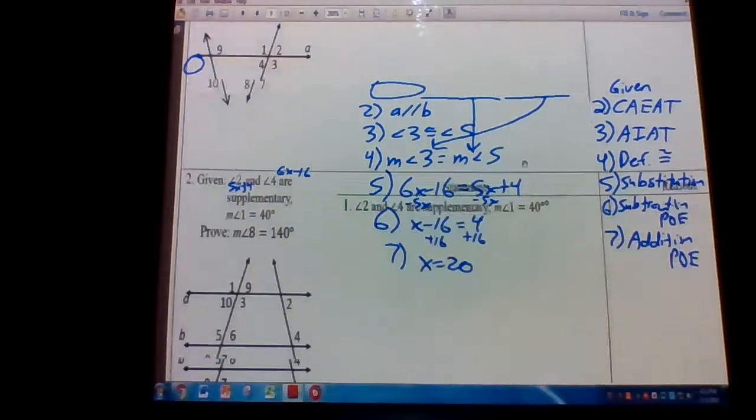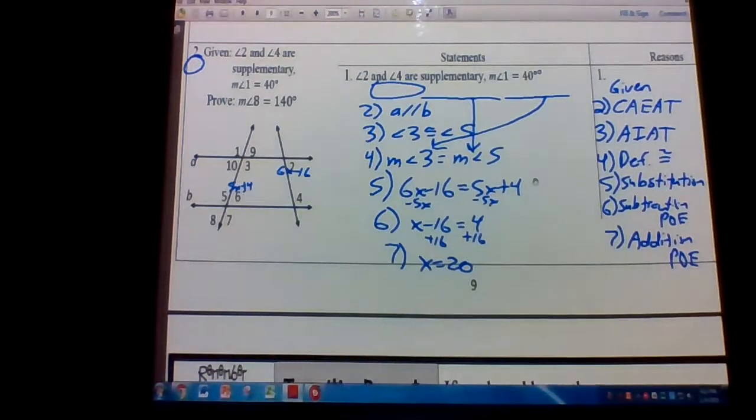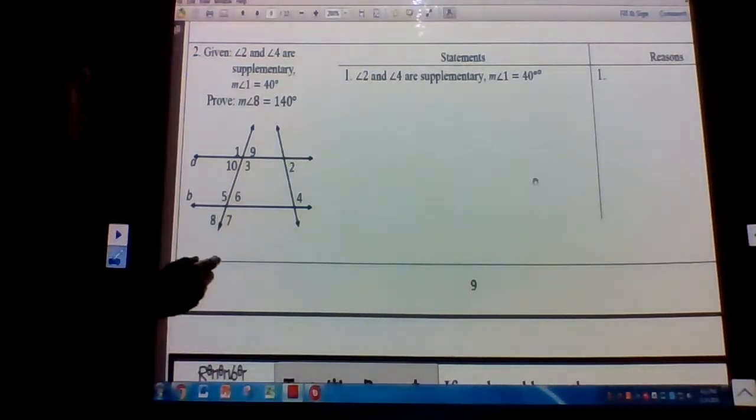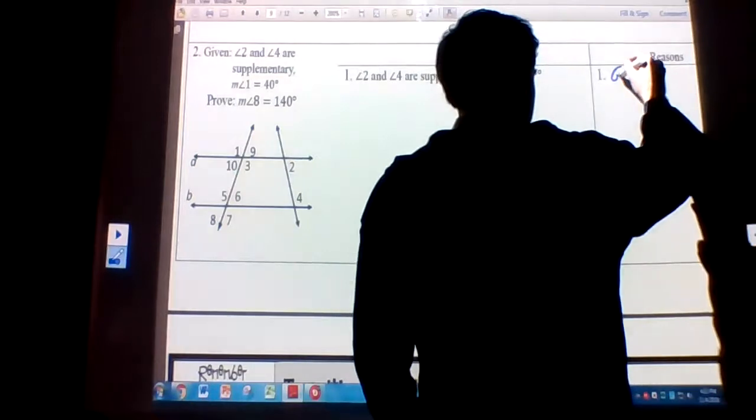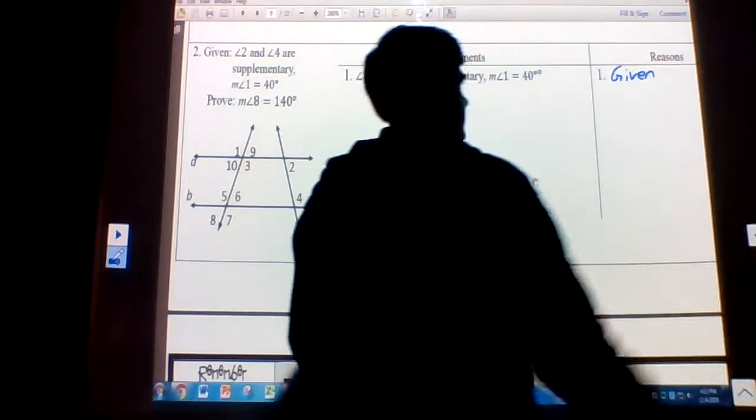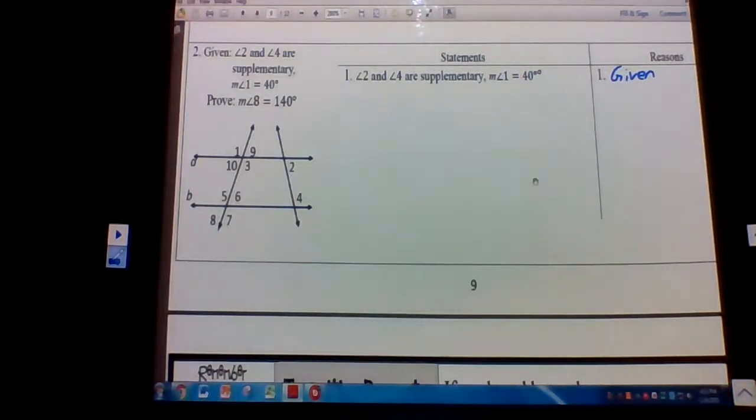So let's go on to the next one. Okay. It's telling us that angle 2 and angle 4 are supplementary, and the measure of angle 1 is 40, so this is our given. So 2 and 4 are supplementary.